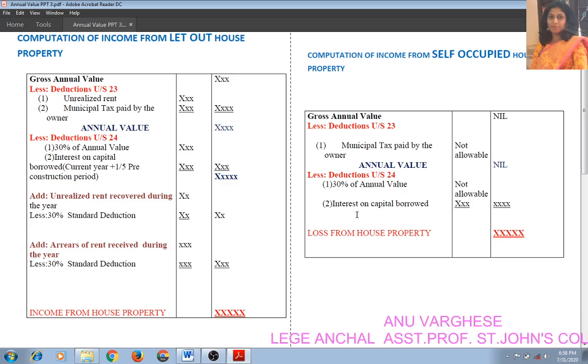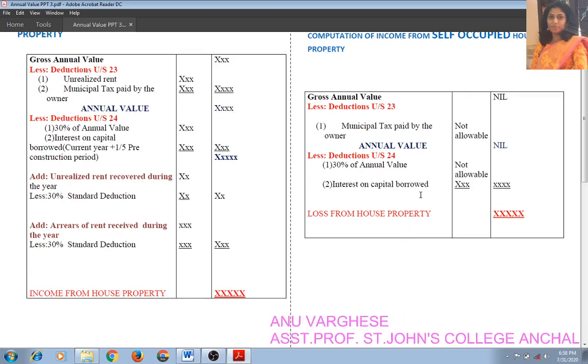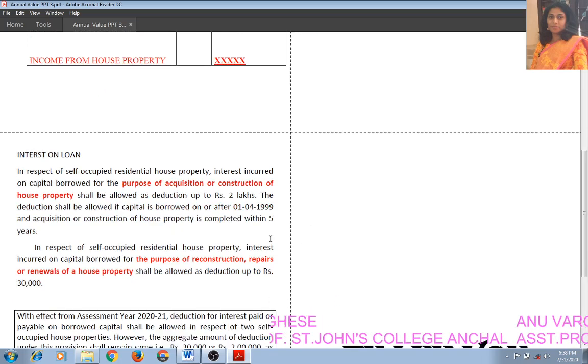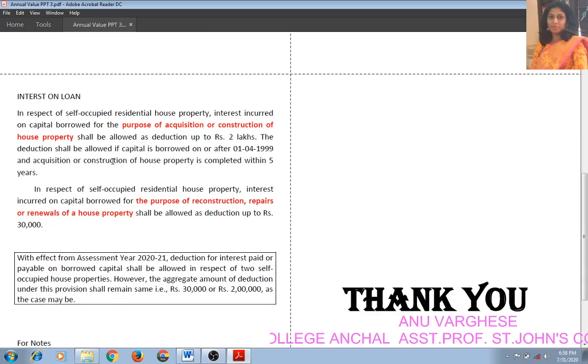Next one, interest on capital borrowed. Interest on capital borrowed means interest on loan. Here you have to understand what is the deduction regarding interest on loan for self-occupied house property.